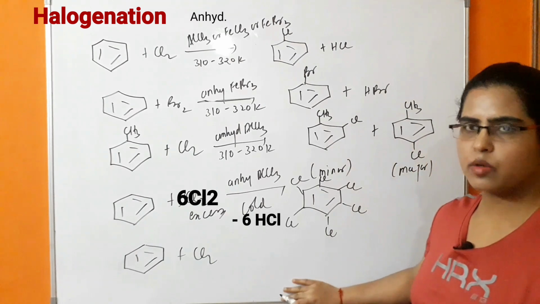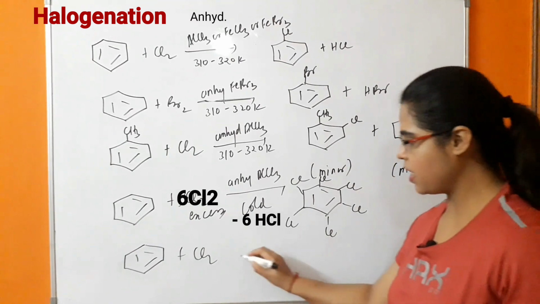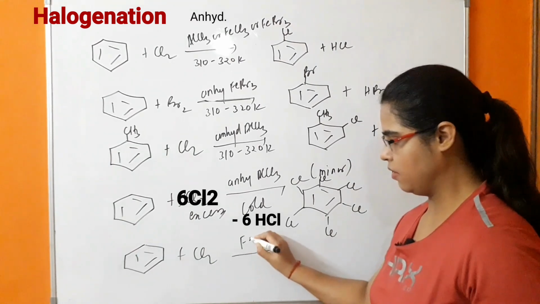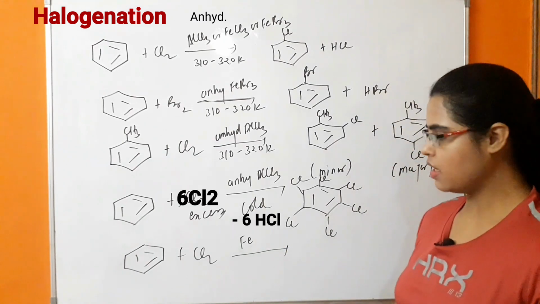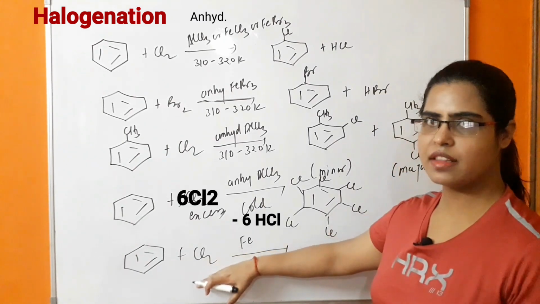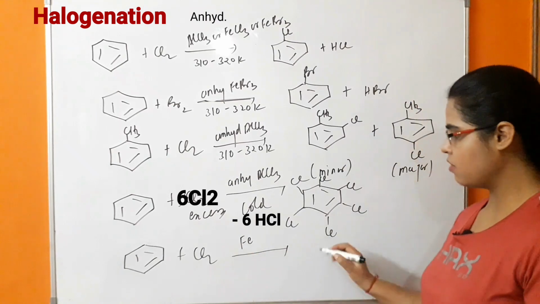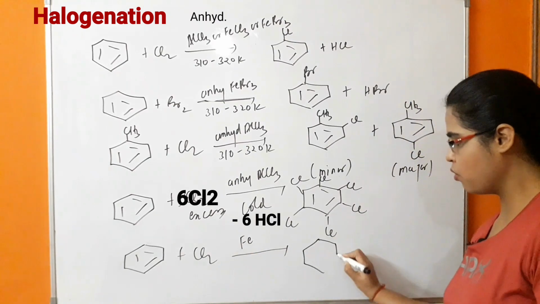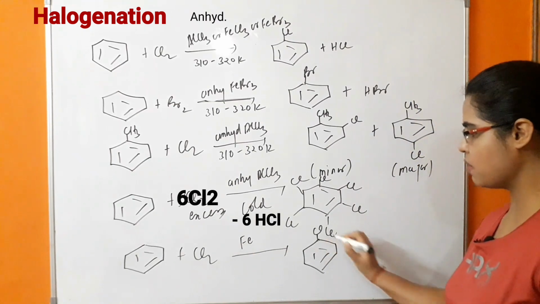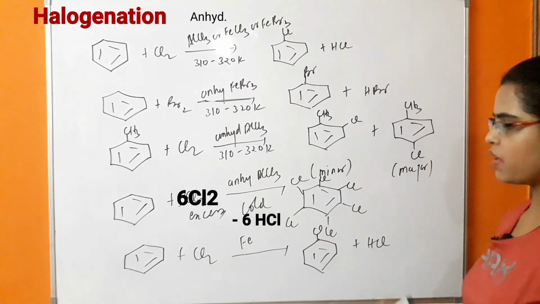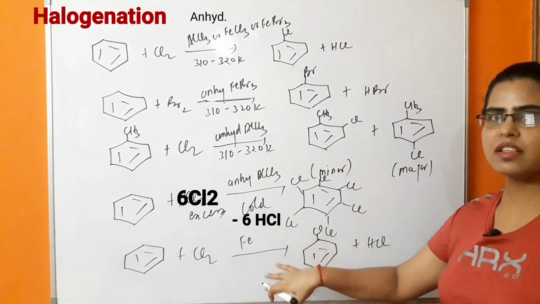This halogenation can also take place if we take iron. If we take iron in the presence of chlorine, the electrophile, there will be formation of chlorobenzene and removal of HCl. What is happening in this case?